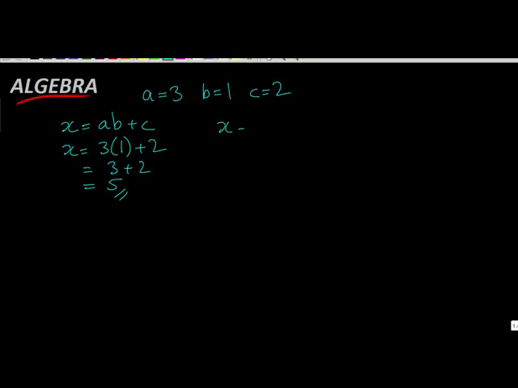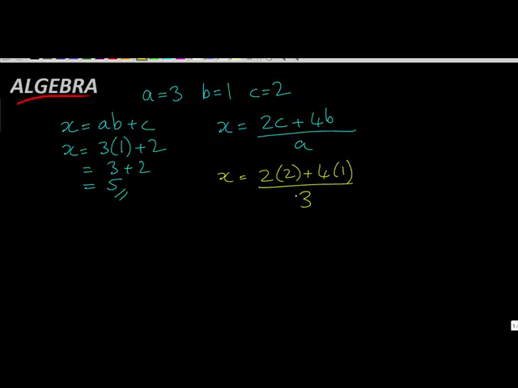So we've got x is equal to 2c plus 4b all divided by a. And we make the substitutions for a, b and c. You get x is 2 times c, which is 2, plus 4 times b, which is 1, all divided by a, which is 3.